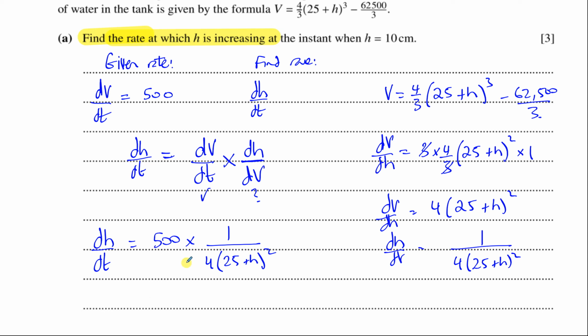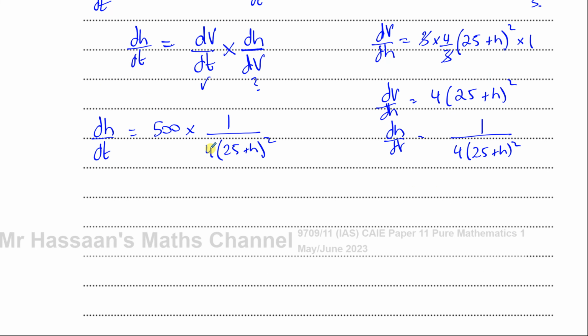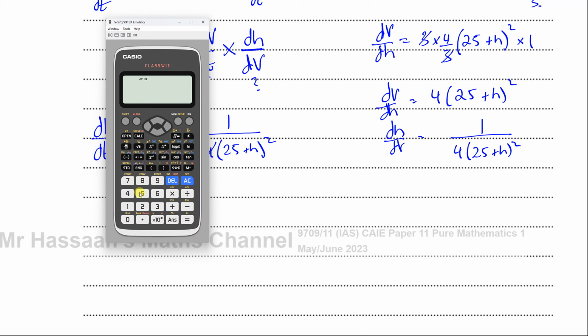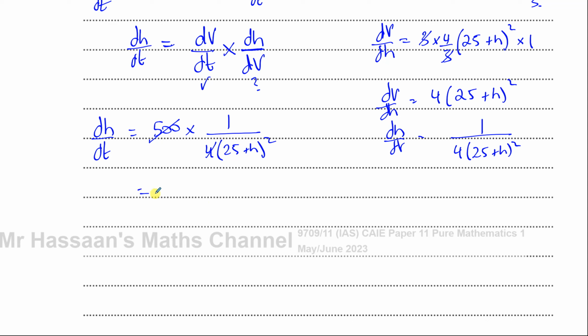So this will simplify. The 500 and the 4, that will give us what? 500 divided by 4 is 125, sorry. That's going to be 125 over 25 plus h squared. That is now an expression for dH/dt.